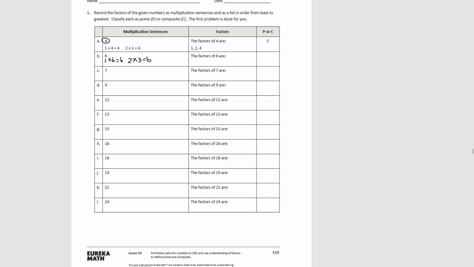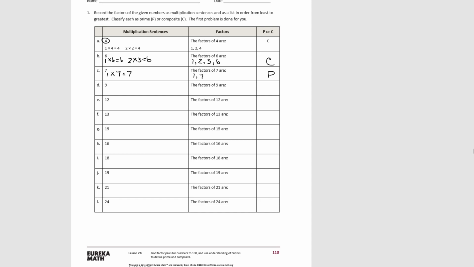So our factors would be 1, 2, 3, and 6, which makes this composite. Try C. For this one, we can do 1 times 7, which is 7, and that's the only two numbers we can multiply together to get 7. So the factors are 1 and 7, which makes 7 prime.